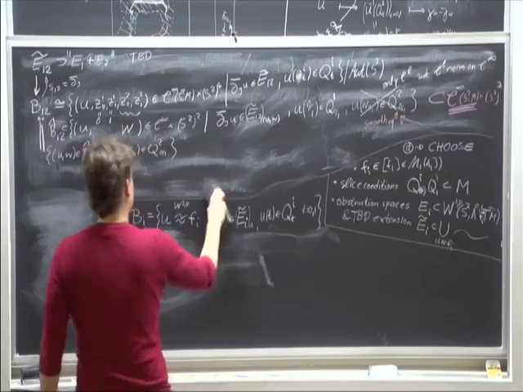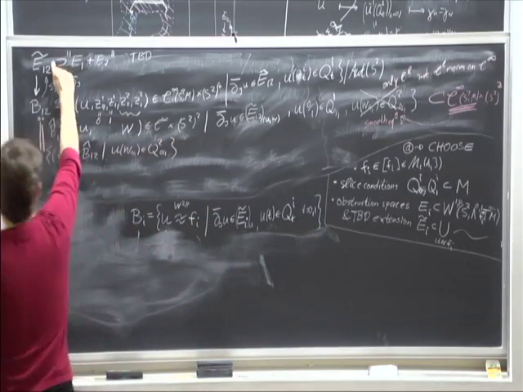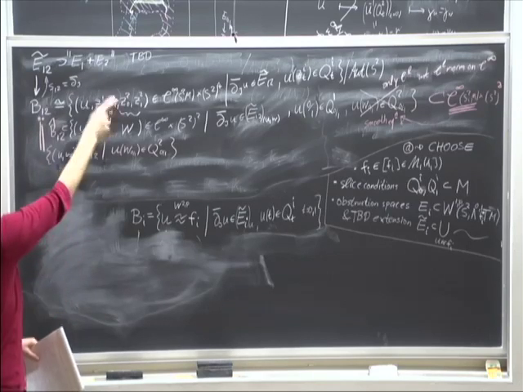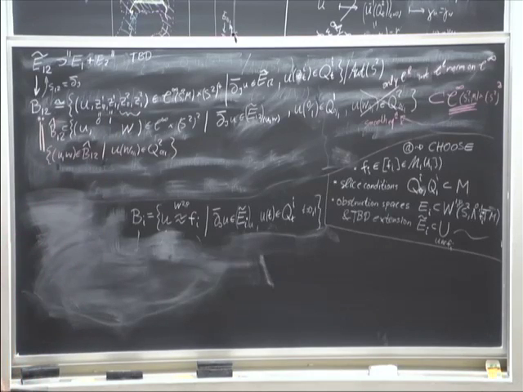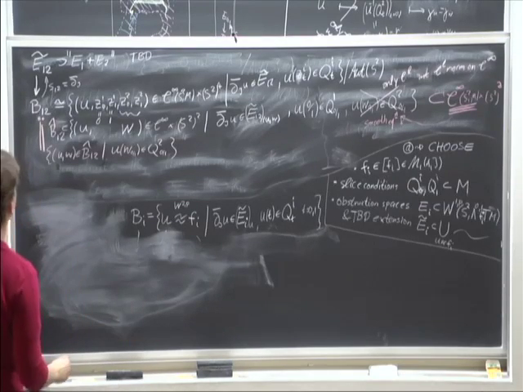So that was, modulo telling you what this bundle actually is, going to be a new Kuranishi chart. But we don't know what its footprint is yet, and we don't have transition maps yet.